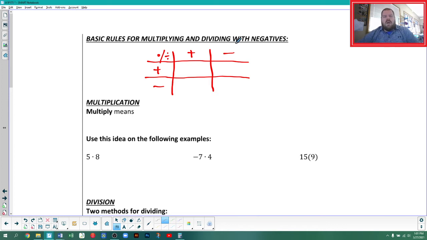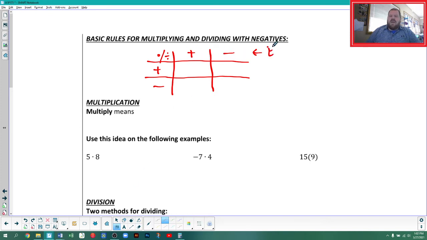Okay. But when we're thinking about what the sign is, and that's the issue, it turns out that there's a way to think about it that helps some people. I think of it as a positive or negative event, or a positive or negative thing, with positive meaning good, negative meaning bad.